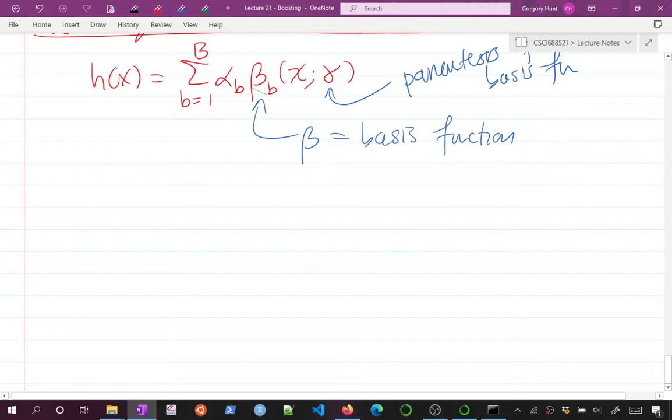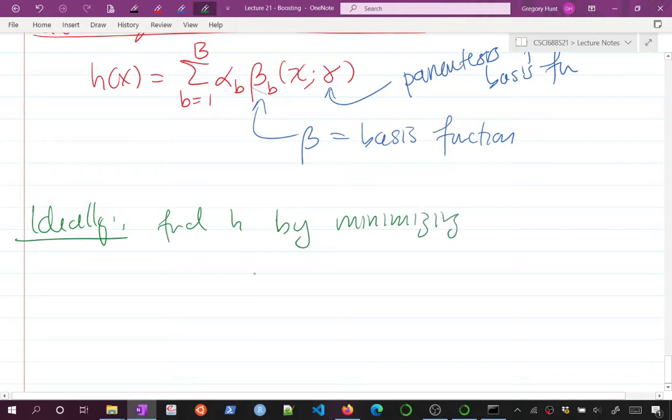Ideally, with an additive method, we'd find h by minimizing over all of my alphas and all of my gammas. The gamma should be indexed for each; it can potentially be a different gamma for each beta.